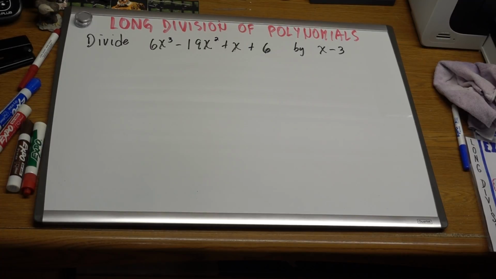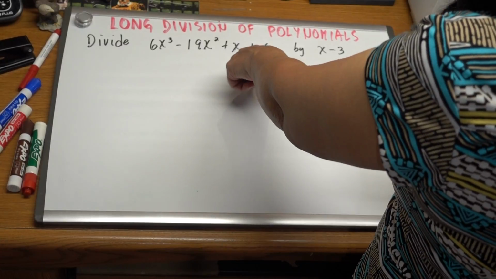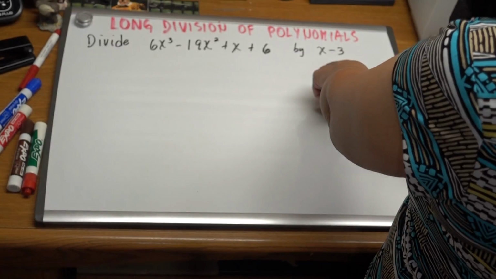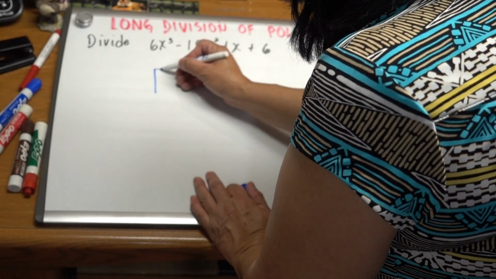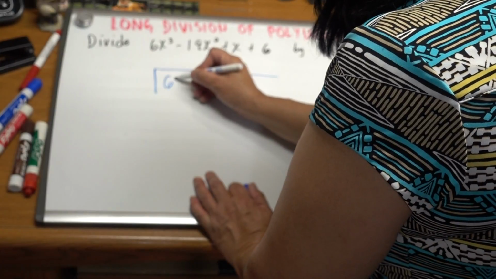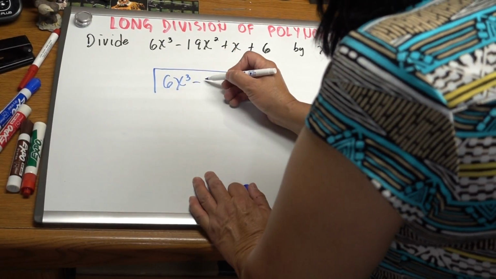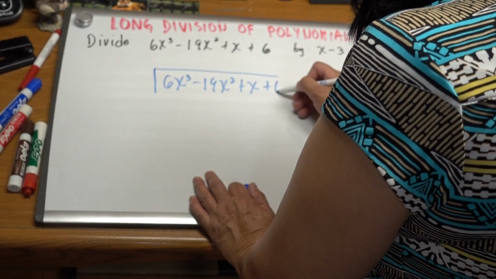This is dividing 6x cubed minus 19x squared plus x plus 6 by x minus 3. So we're going to use the long process, which is the regular division. This goes inside 6x cubed minus 19x squared plus x plus 6.